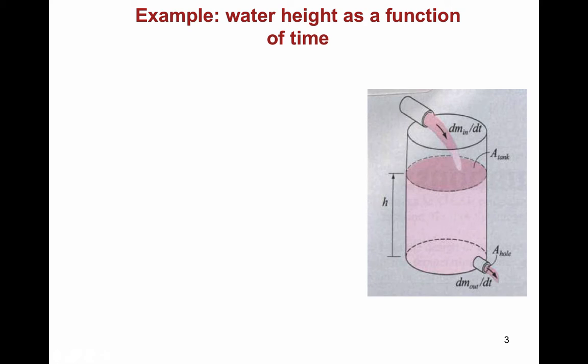So stuff is coming in at a certain rate, and I have rates of it coming out, which depend both on the geometry of this hole, how wide it is, and on the pressure here, and pressure depends on the height. But if I have stuff constantly coming in, that height is constantly changing. So it's extremely hard to put a finger on in one go, so I have to solve it dynamically. And this is where numerical solutions come in.